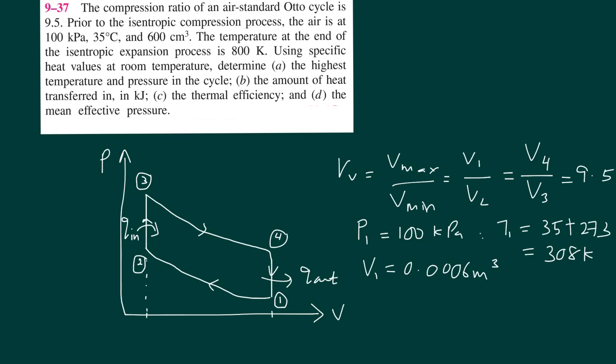And you were also given the temperature at the end of the isentropic expansion process, which is 800 Kelvin. So this is where your piston is expanding, and this process is your isentropic expansion process. So it says at the end of the expansion process, the temperature is 800 Kelvin.